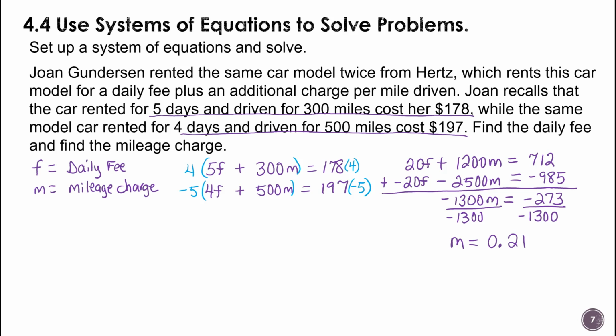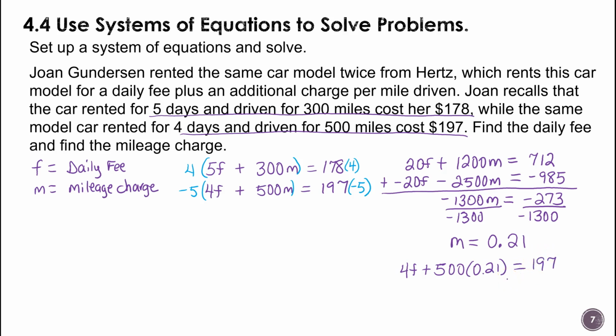And then I go back to one of my original equations and I substitute in the mileage. And so I'll just take the second equation, so 4F, go back to the original, plus 500 times 0.21 equals 197.